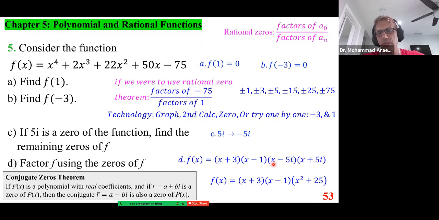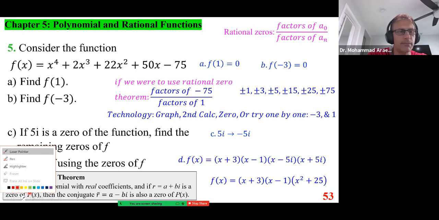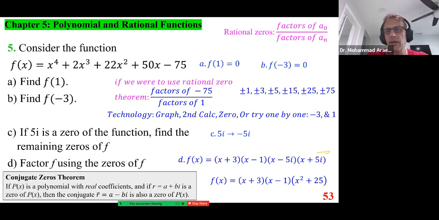A squared, which is x squared, minus b squared, which is 25i squared with the negative. Because i squared is negative 1, we get plus 25.